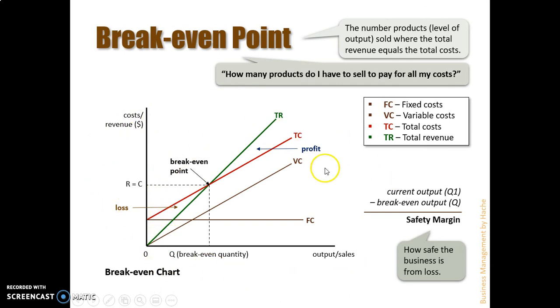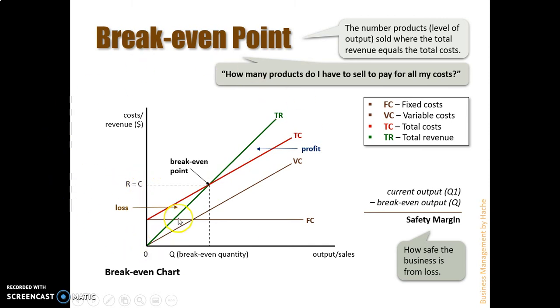So please remember all those lines and remember how this process started from the variable and fixed costs, going to the total cost, then the total revenue, and then the intersection known as the break-even point with the break-even quantity here, and where you know that the revenue and the cost will be equal in this area.